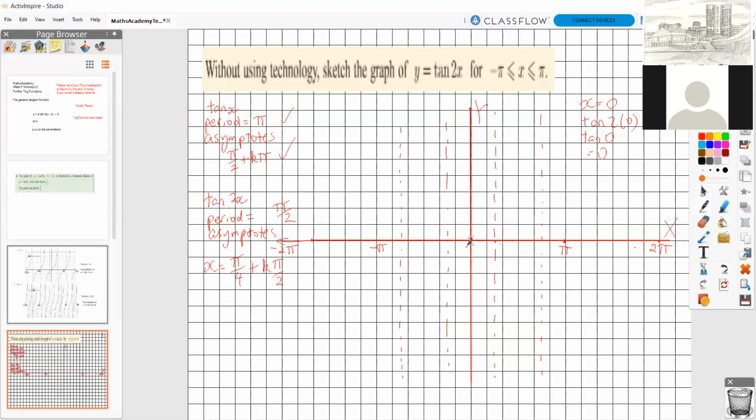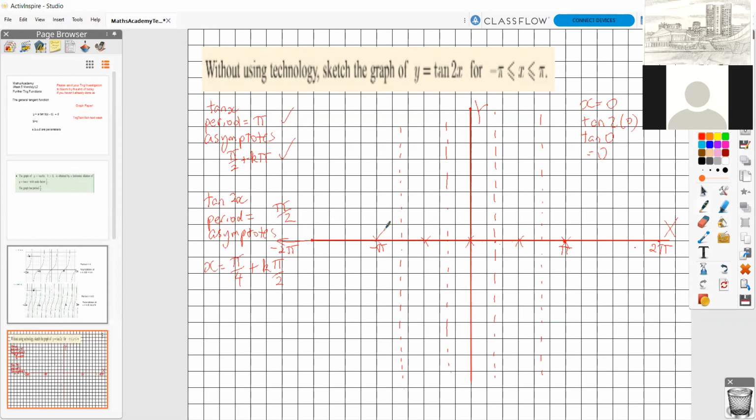The best way to think about it is to use the period, pi on 2. The next 0 is going to be pi on 2 along, so 3 squares, here it is. And the next one, 3 squares along, here it is. And going back 3 squares. That's where tan of x equals 0.